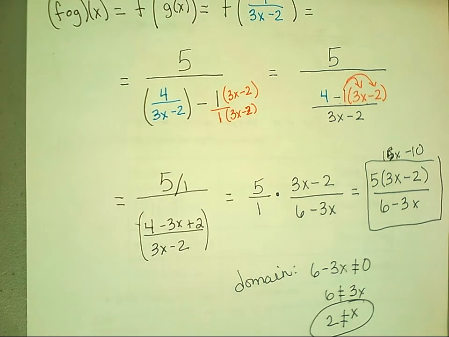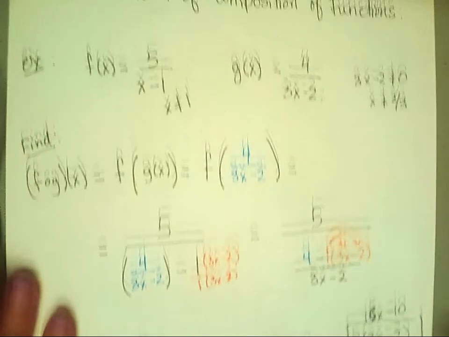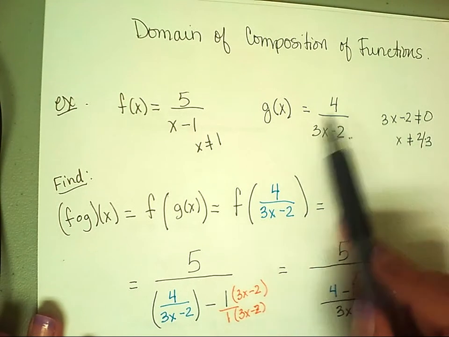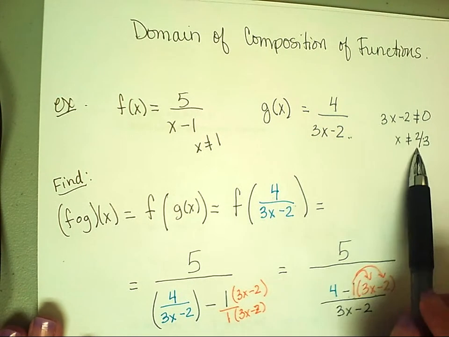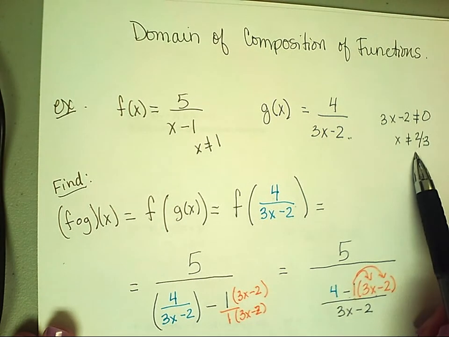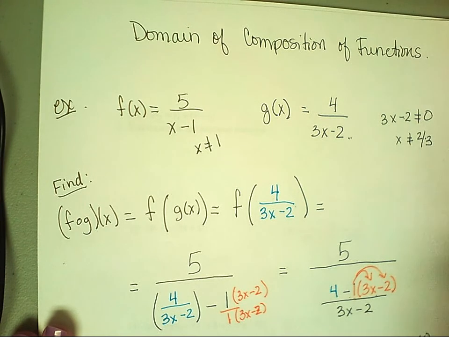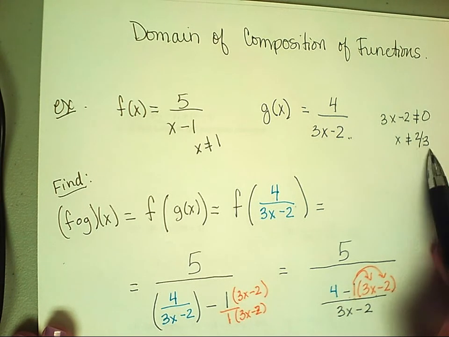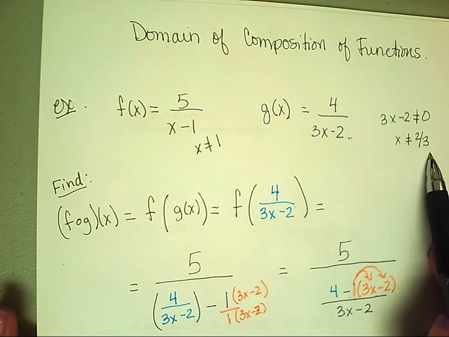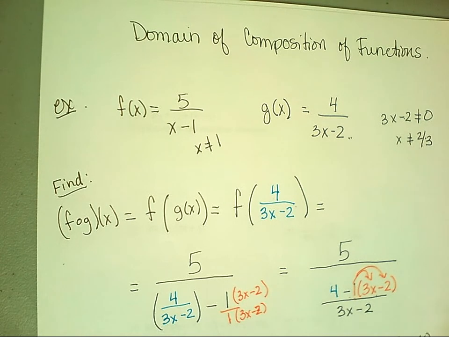But we might think that's the only thing, okay? That this is the only restriction. However, we have to remember what we put into f was g, and g has its own restrictions. From g, we see that x cannot equal 2/3.